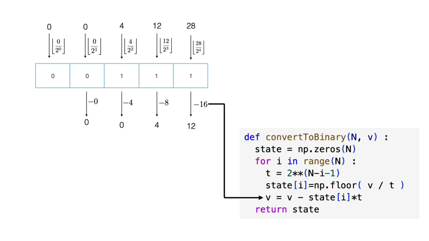Notice last of all that if your particles have more than 2 states, it is easy to modify this function. You just need to change the 2 here to m, where m is however many states each of your particles can be in.